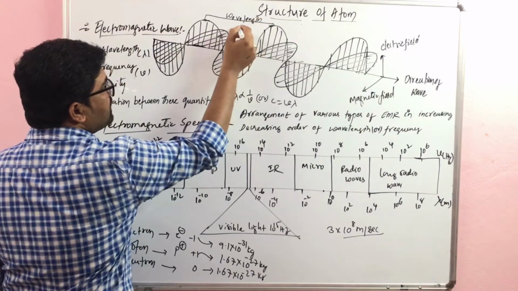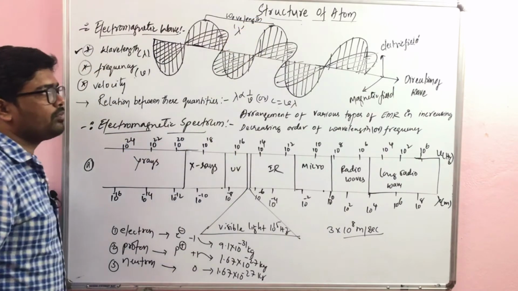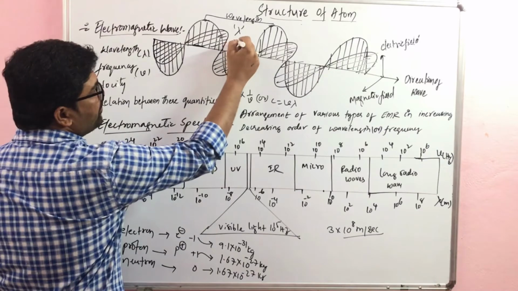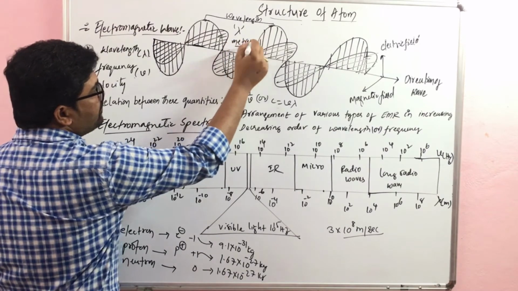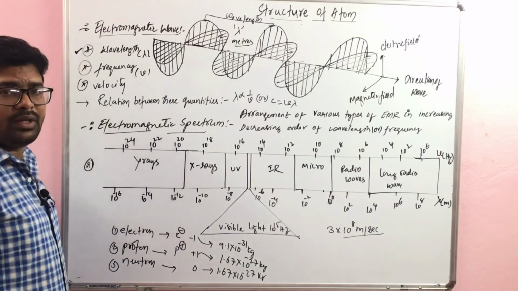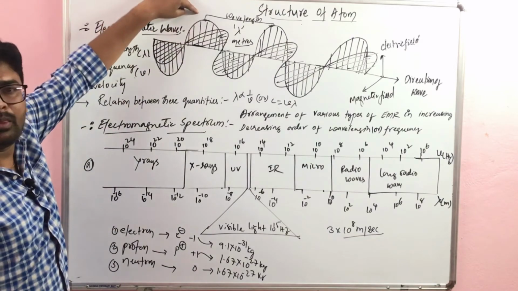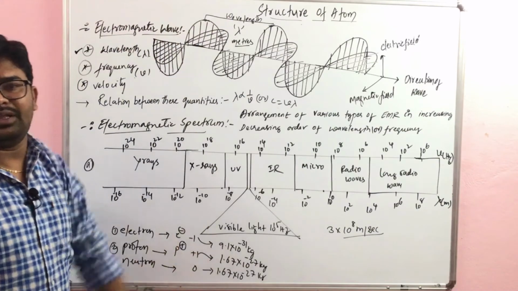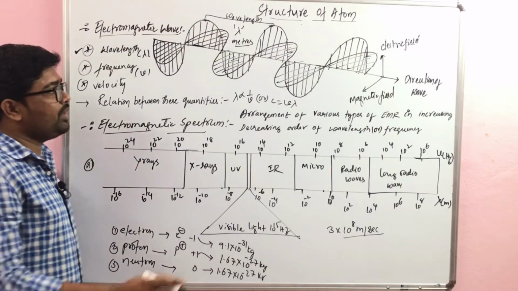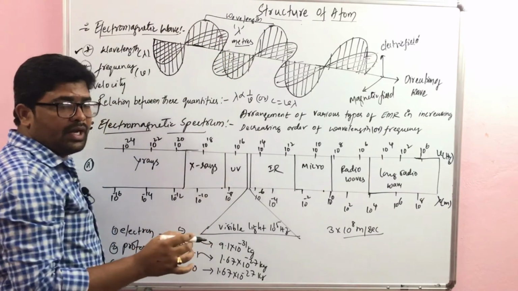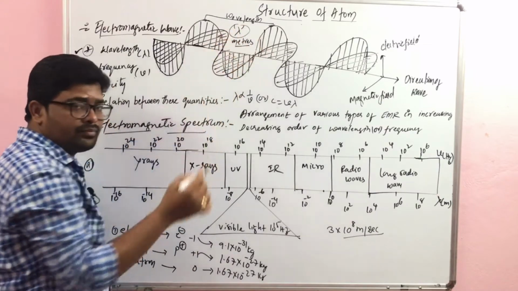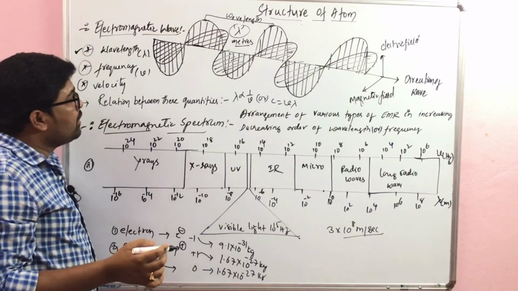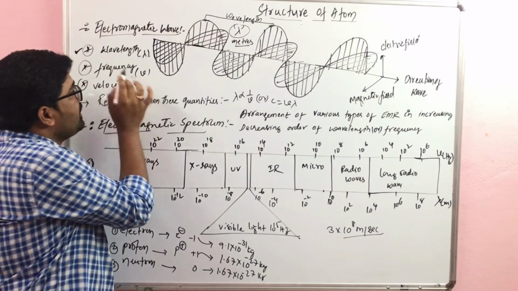It is represented by the symbol lambda, and the unit of wavelength is meters. Clear for everyone?